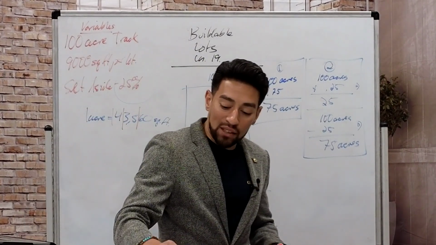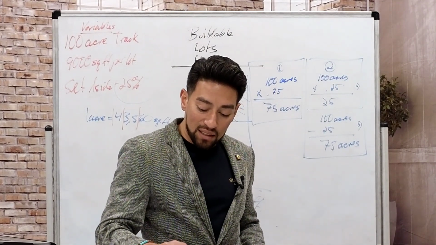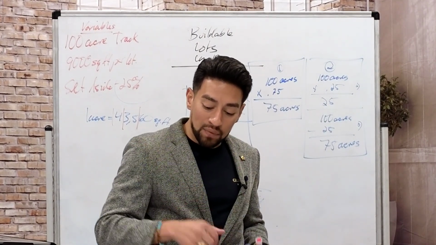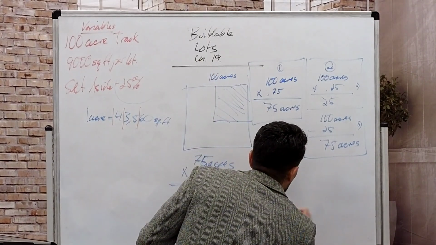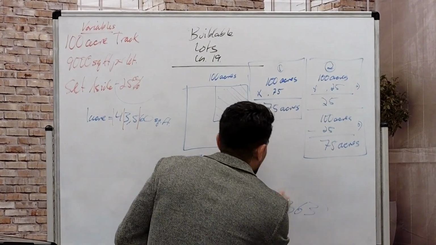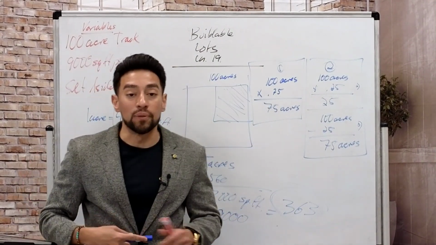After I take my 3,267,000 divided by 9,000, that is going to give me exactly 363 lots. And that is going to be your answer.